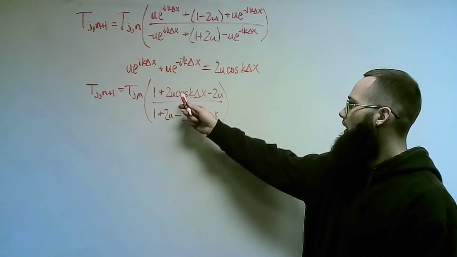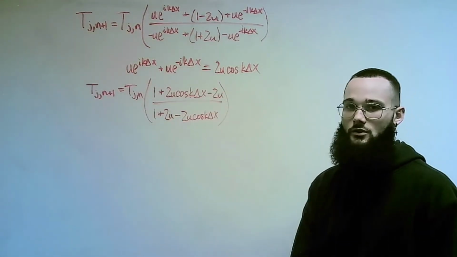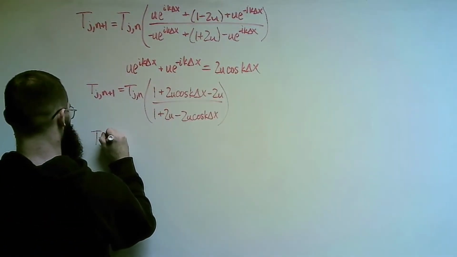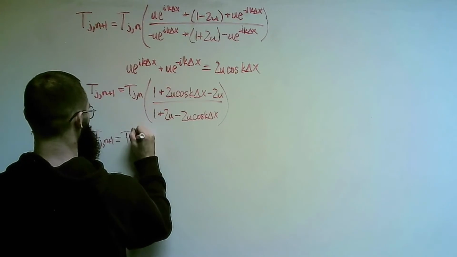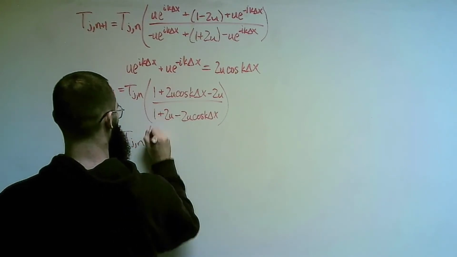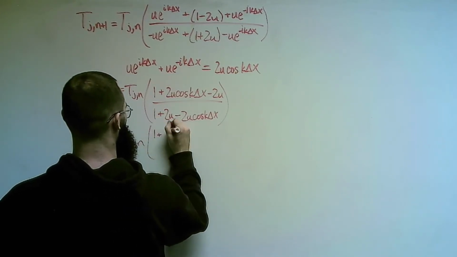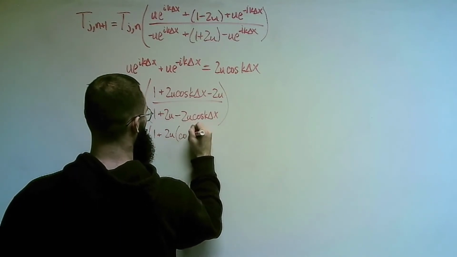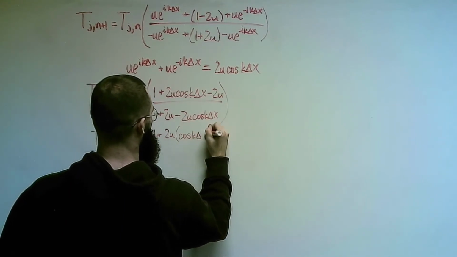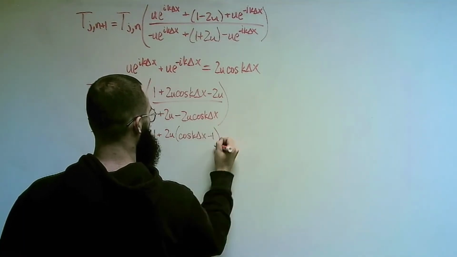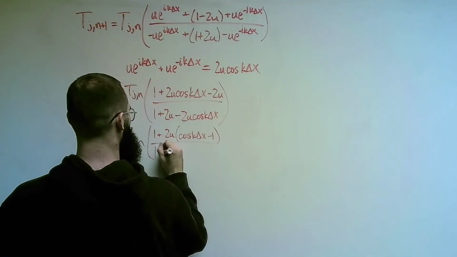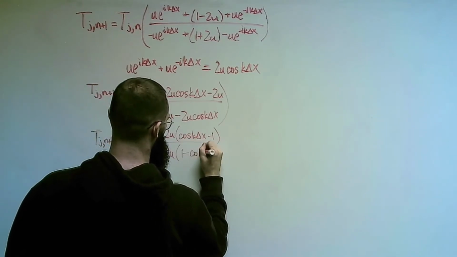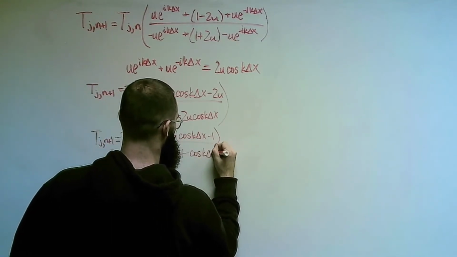As I just said, I want to factor out this 2u here. So that's going to give us T_j^{n+1} equal to T_j^n times 1 plus 2u times cosine k Δx minus 1, over 1 plus 2u times 1 minus cosine k Δx.